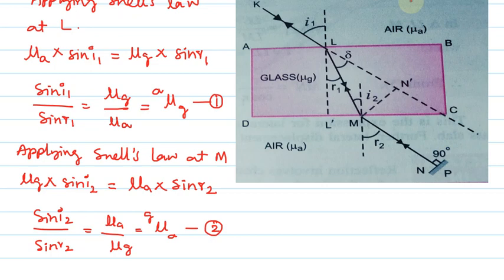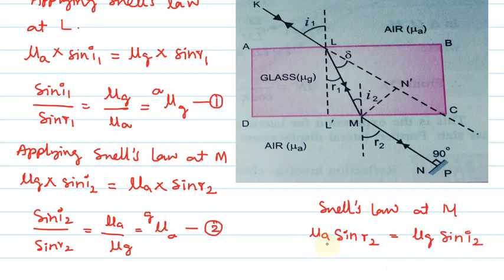Okay, let's apply Snell's law at M. So if we apply Snell's law at M, then we can write it as mu A sine R2 is equal to mu G sine I2.